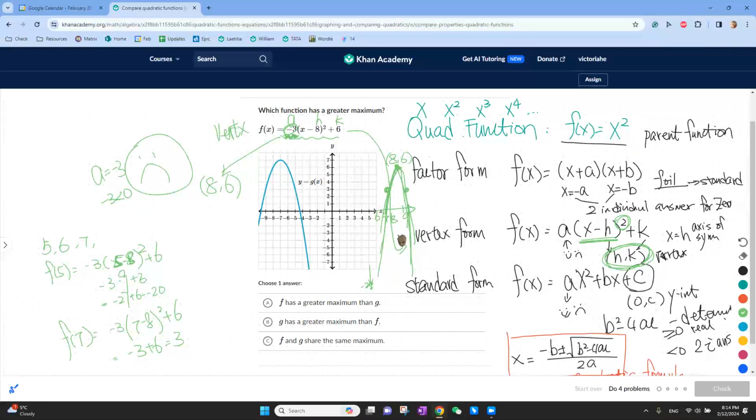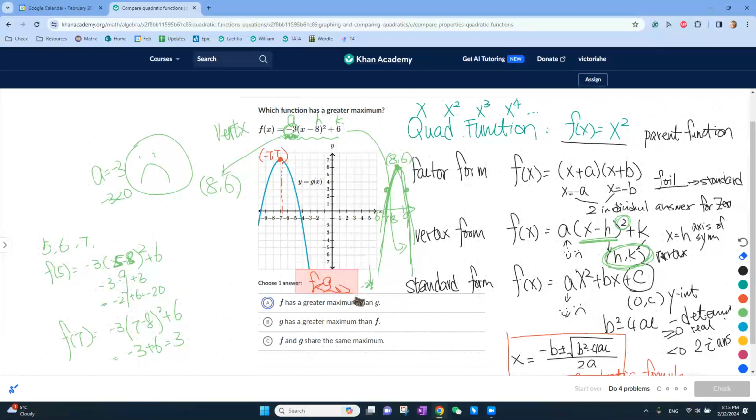Okay, so based on that, let's take a look. F has a greater maximum than G. Is that going to be correct? No. Why is that? Because x is higher. So F is smaller than G for the value right there. Okay, but what about the second one?